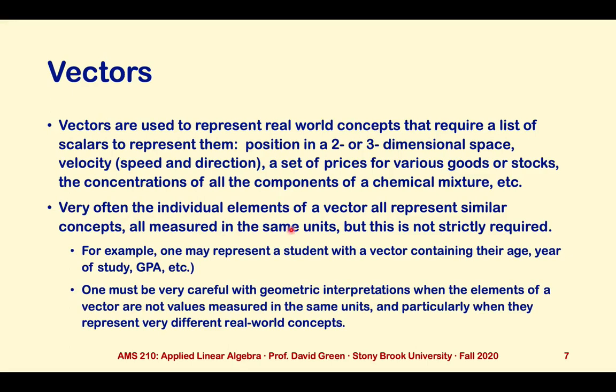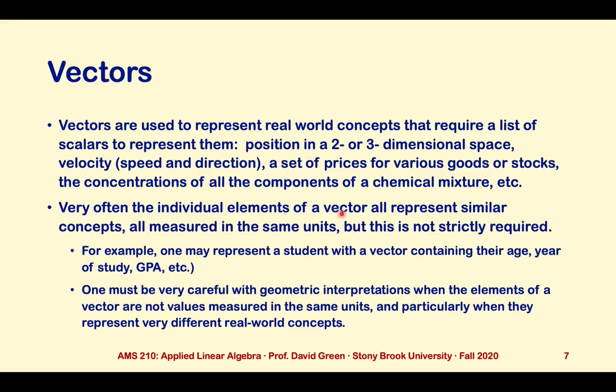Often, the individual elements of a vector will represent similar concepts measured in the same units. This is the case in the examples we listed before, the positions in 3-dimensional or 2-dimensional space. Each vector represents a position that might be measured in units of spatial distance. Prices for various goods, all measured in some units of value, for example, dollars, and so on.